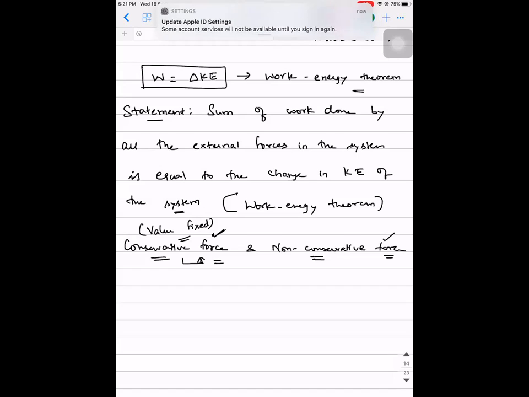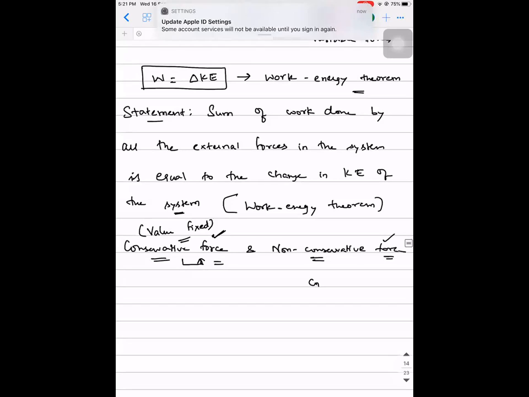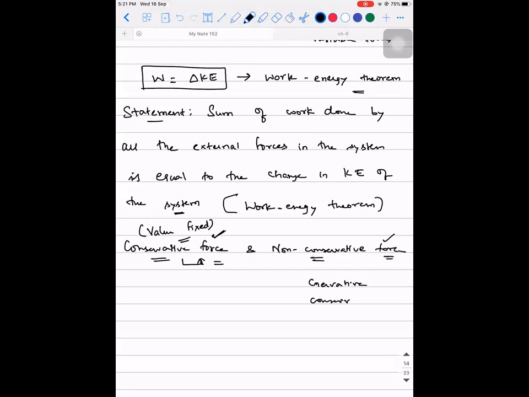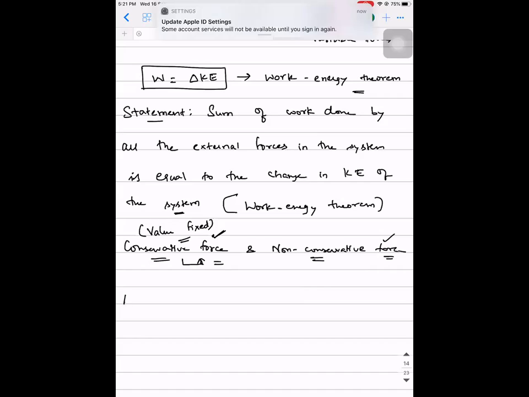One thing you need to understand is conservative and conservation. Because I told you energy conservation theorem. Conservation means that particular parameter is conserved. Conservative means it is something else. When I explain it, you will understand. Listen carefully.